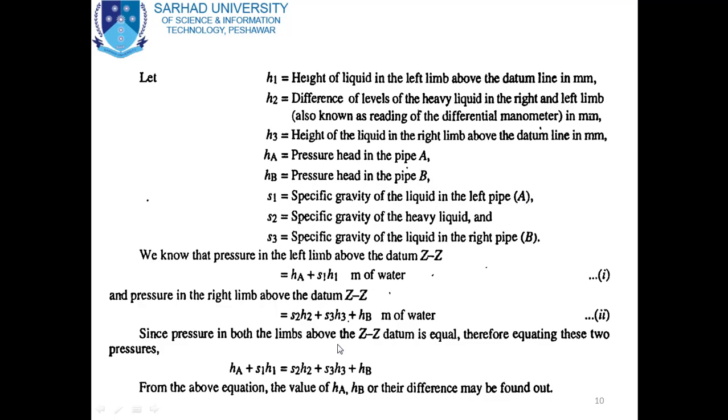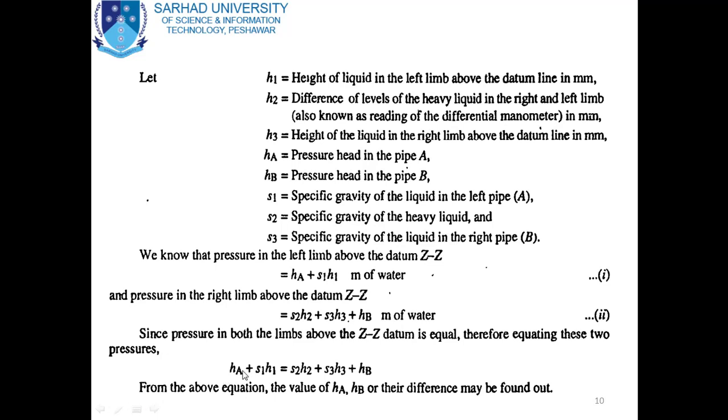Since the pressure in both the limbs above ZZ datum is equal, therefore equating these two pressures, we already studied that the pressure above the datum line are equal in both the limbs. So equating equation 1 and 2, we get HA plus S1 H1 equals S2 H2 plus S3 H3 plus HB. From the above equation, the value of HA, HB or their difference may be found out.